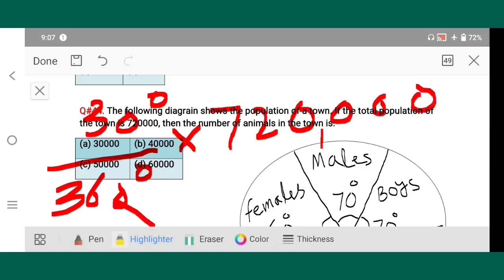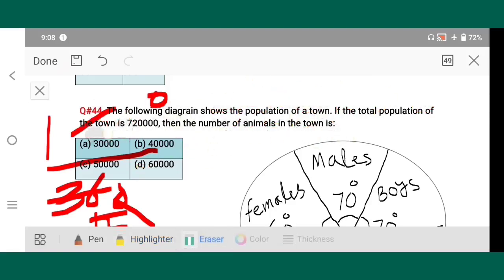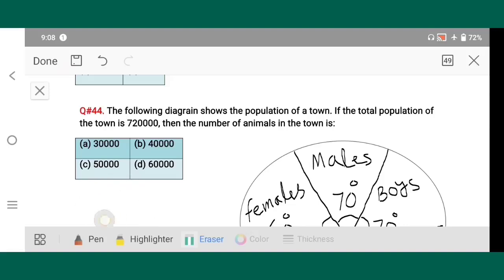Okay, 12 times, so it gives 6. No, it gives 60,000. So our correct option is 60,000. That is, the animals population is 60,000. This is the correct option.